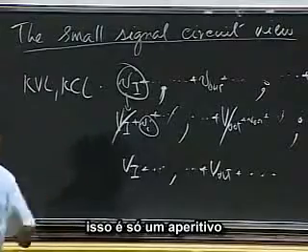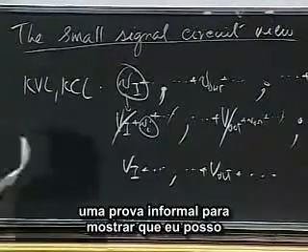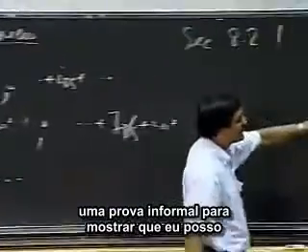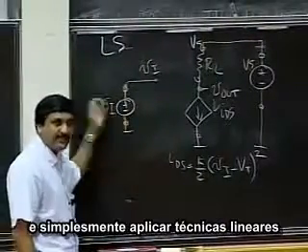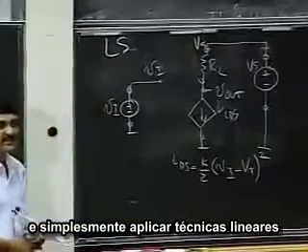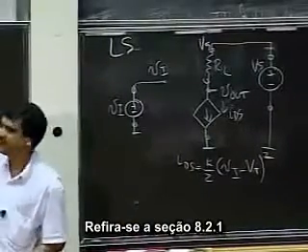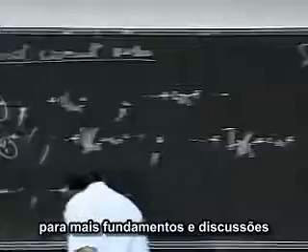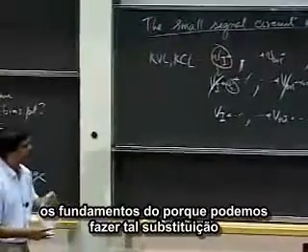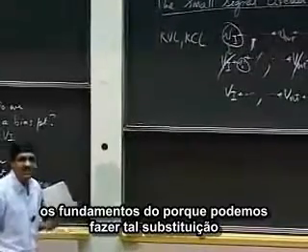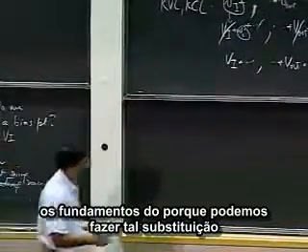This is a very quick breeze through an informal proof to show that I can replace the big elements with the corresponding little element models, and then simply apply linear techniques. Refer to section 8.2.1 for more discussion about the foundations for why we can do this.